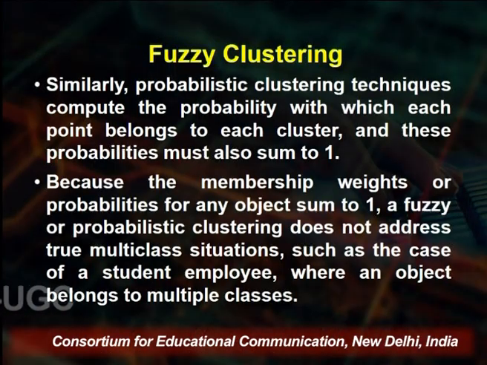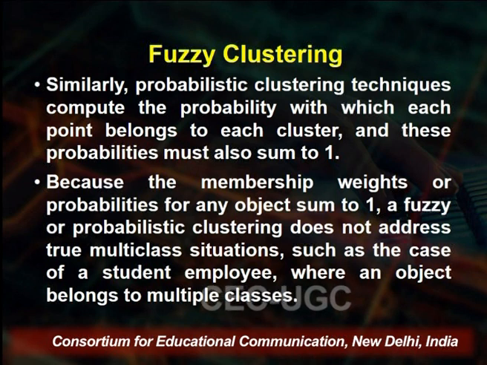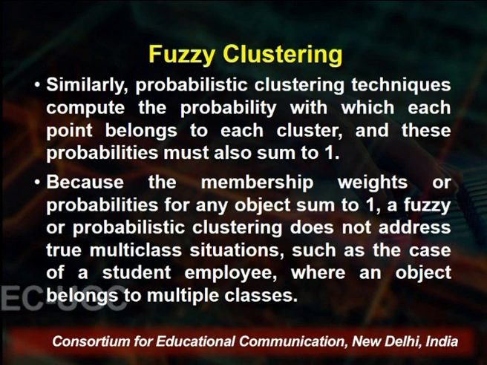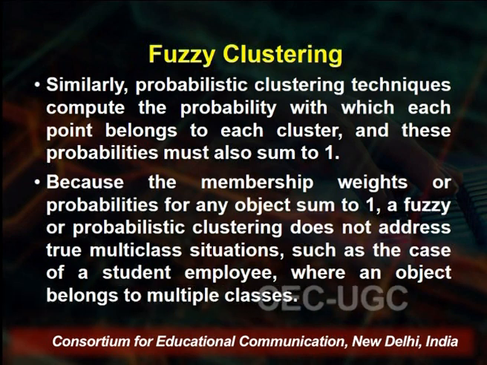Because 1 is the maximum possible probability or the maximum belongingness that an object can have to a particular cluster. So probabilistic clustering techniques like fuzzy will compute the probability with which each point belongs to each cluster, and we also know that probabilities sum up to 1 only, because the membership weights or probabilities for any object sum to 1.